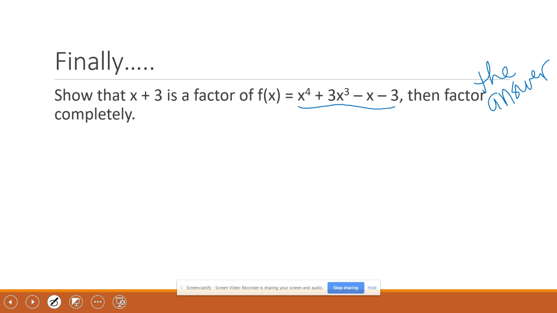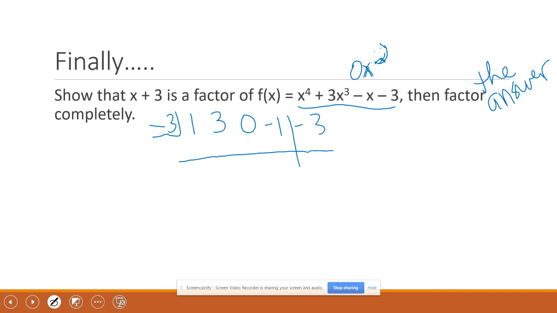Checking this in standard form, but it is missing x squared. So I'm going to add in x squared to this. So for negative 3, we have 1, 0, negative 1, negative 3. Bring down the 1. Negative 3 times 1 is negative 3. 3 minus 3 is 0.